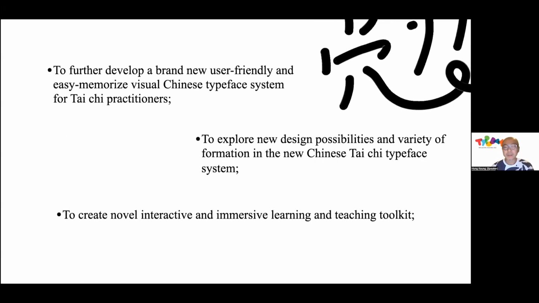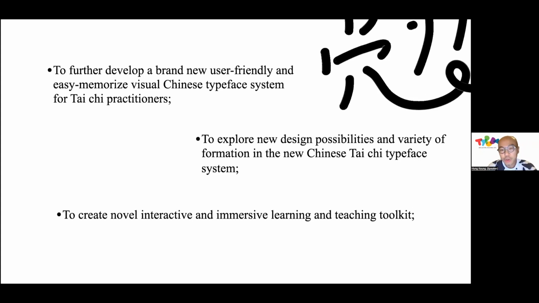Our aim is to further develop brand new, user-friendly and easy-to-memorize visual Chinese characters, because Chinese characters are really complicated, particularly for elderly people. If you need to memorize characters together with the style and the steps, it's a bit of a challenge for elderly people.